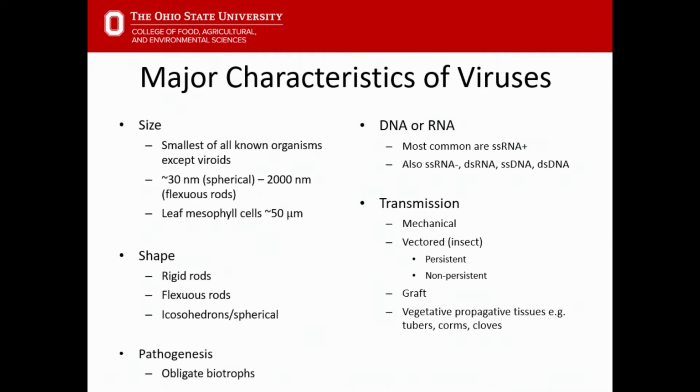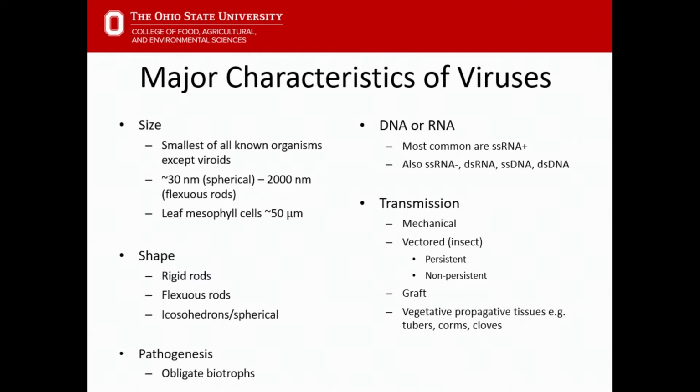In contrast, a leaf mesophyll cell is about 50 micrometers in size. As shown in the previous slide, virus capsids may be rigid rods, longer flexuous rods, or spheres. A few are surrounded with a membranous envelope. All viruses are obligate biotrophs in that they can only replicate in living cells.